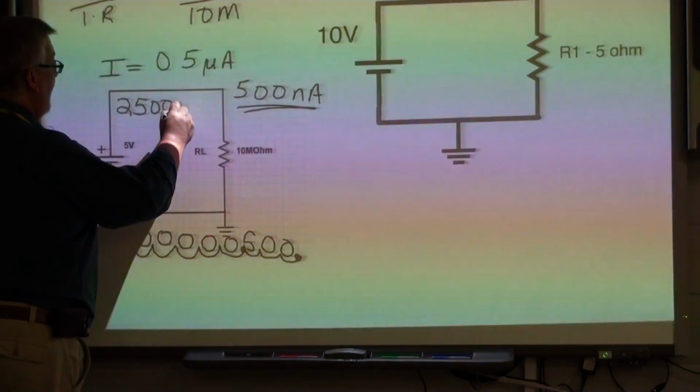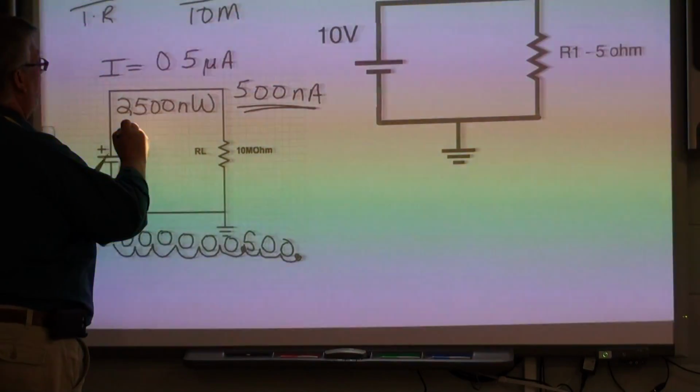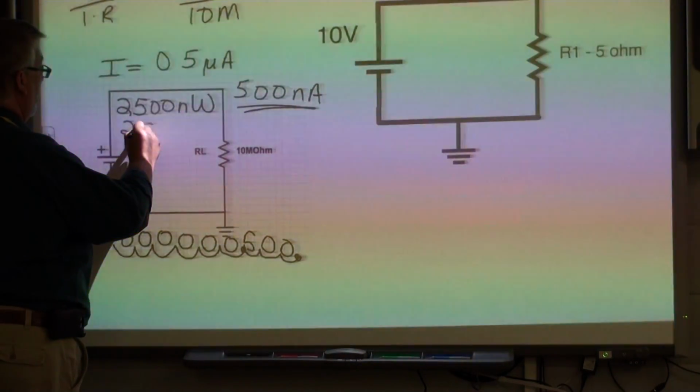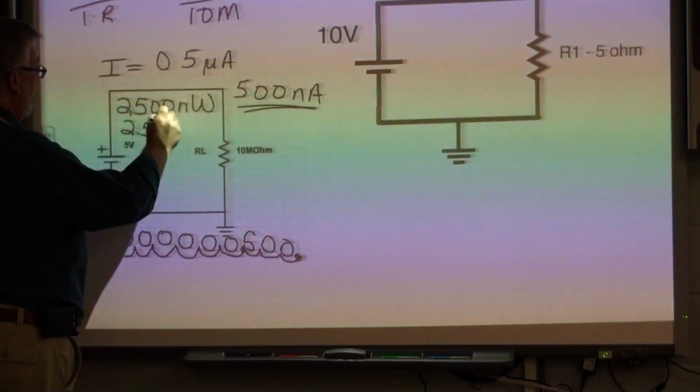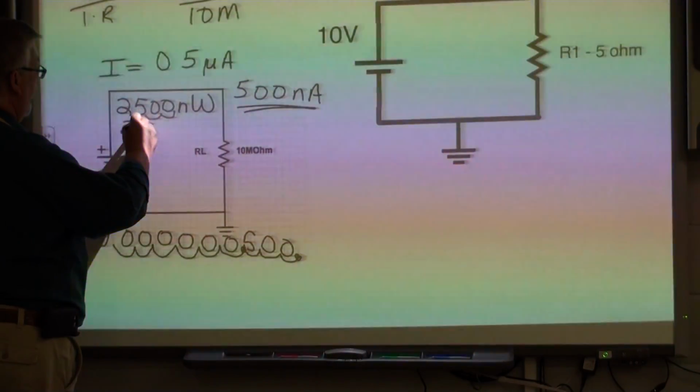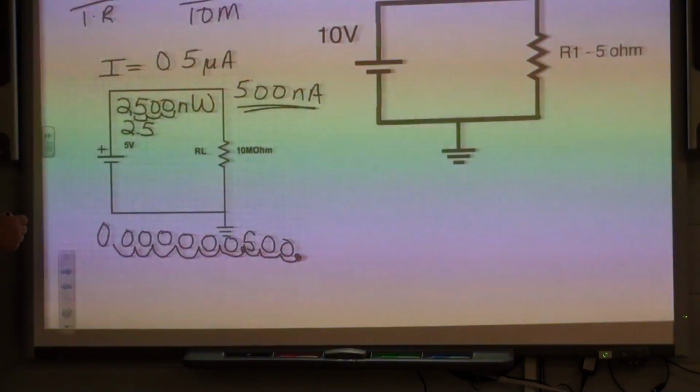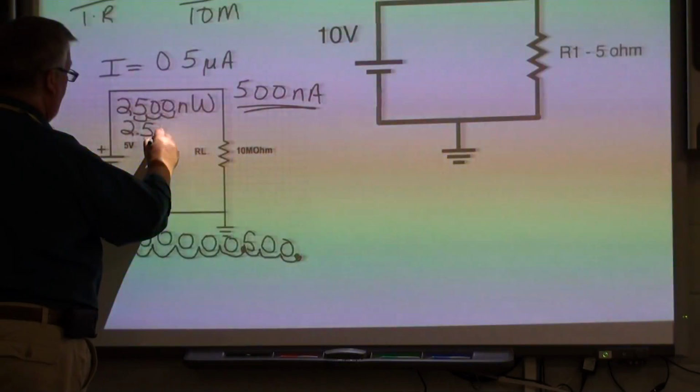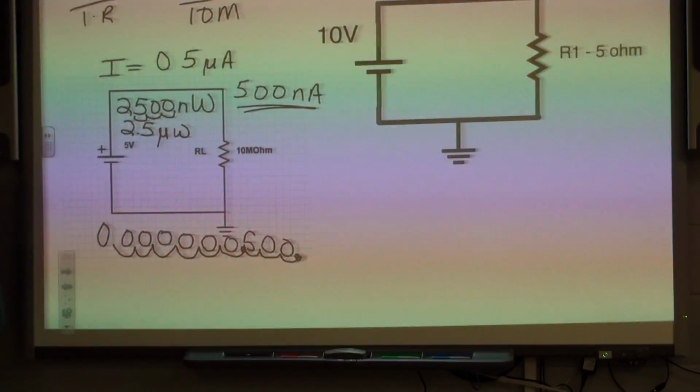And that's going to be nanowatts. Now we can convert that to 2.5 if we move that decimal, 1, 2, 3. What does that change it to? Microwatts. And that's true. So a very small amount of current. And that's why today's electronics are not eating up our battery life. They're literally down in, in some cases, microwattage, right?